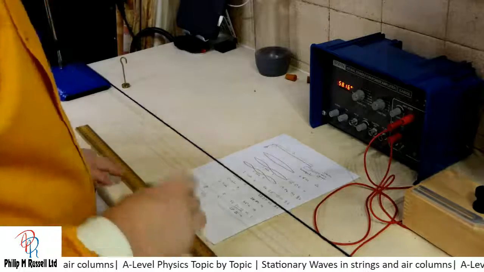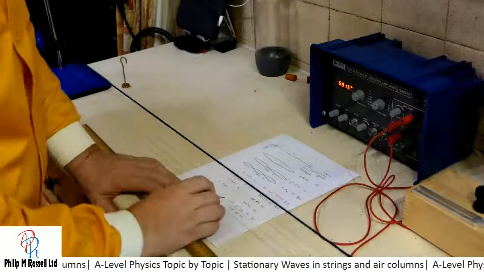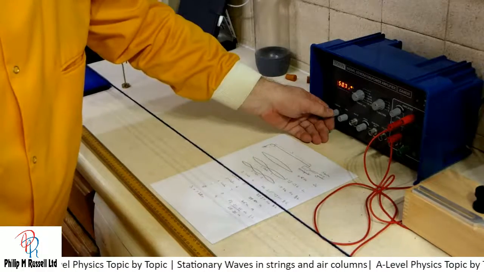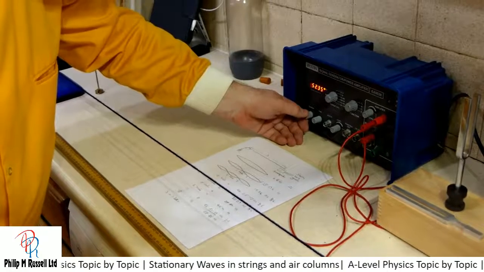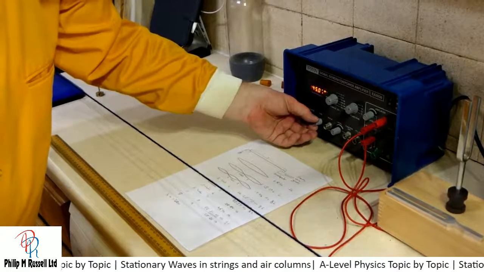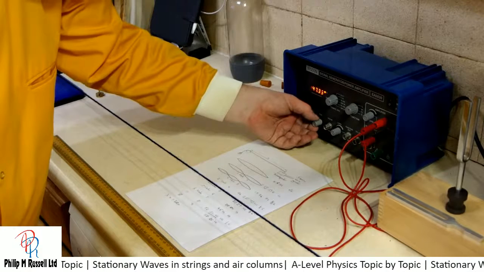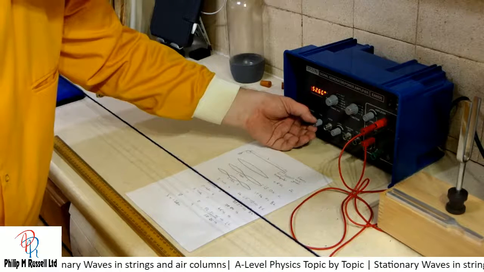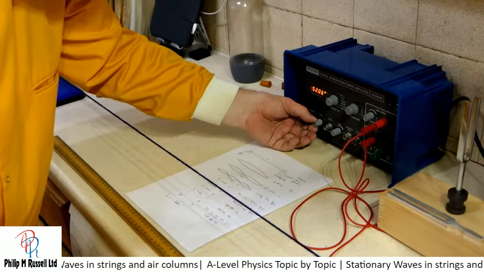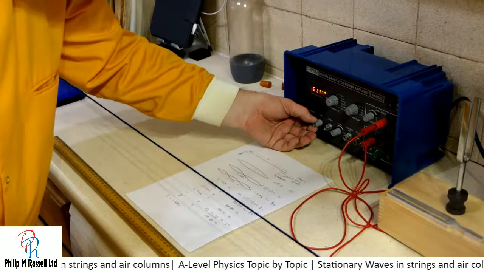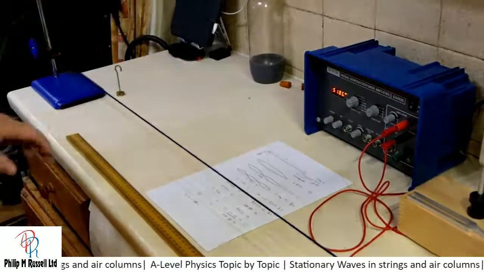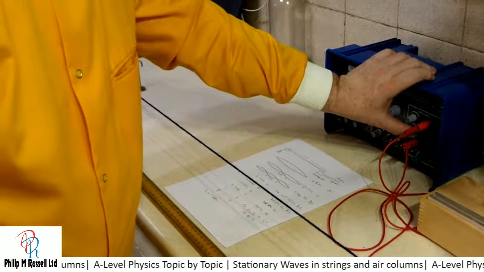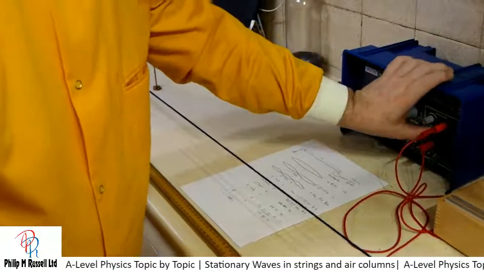So I've got some figures. Let's just have a look at certain ones. So I had this one at 52, so let's dial in 52, and we had about 51.95. Just because I want to get this accurate. There we go, it's near enough. Let's see what happens. Around about this, I should have about 7 nodes, 8 antinodes.